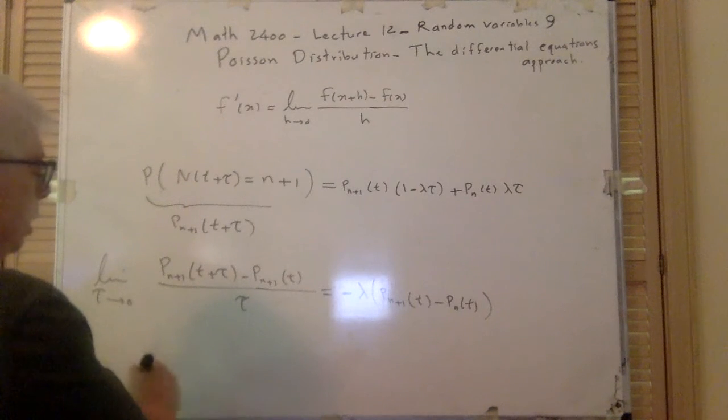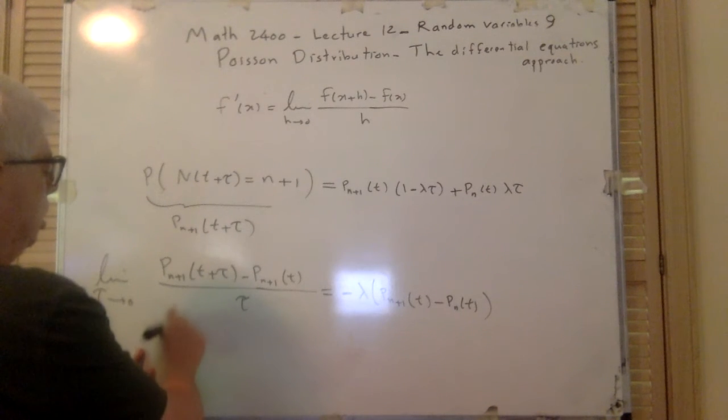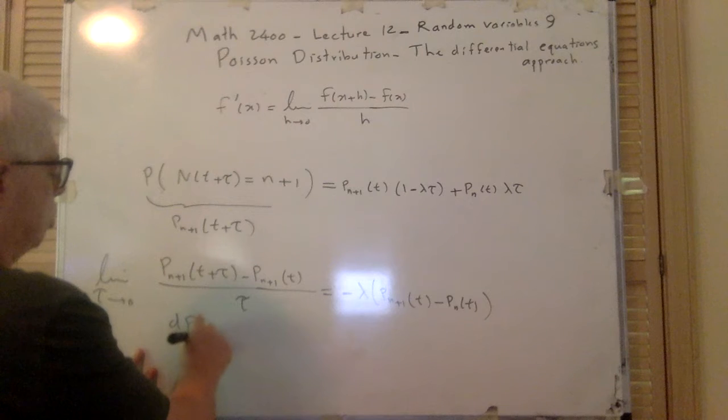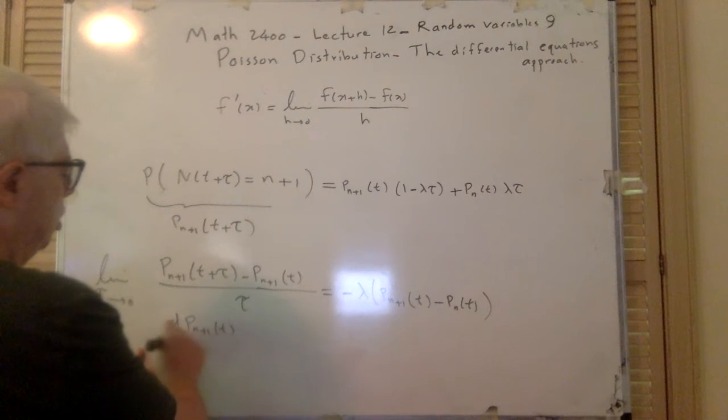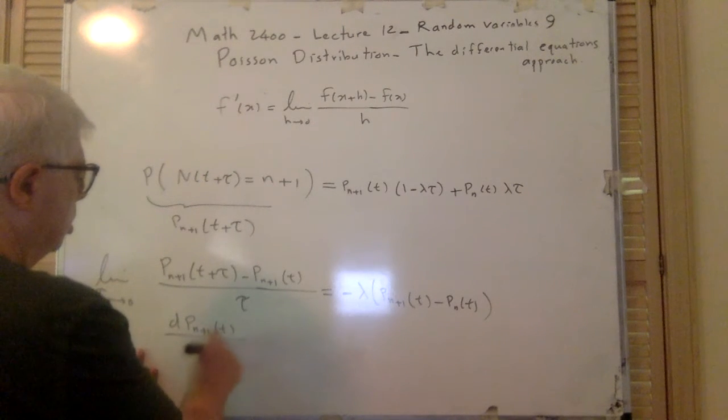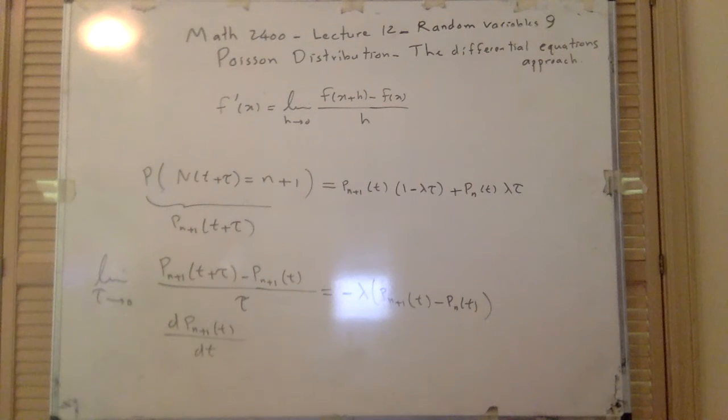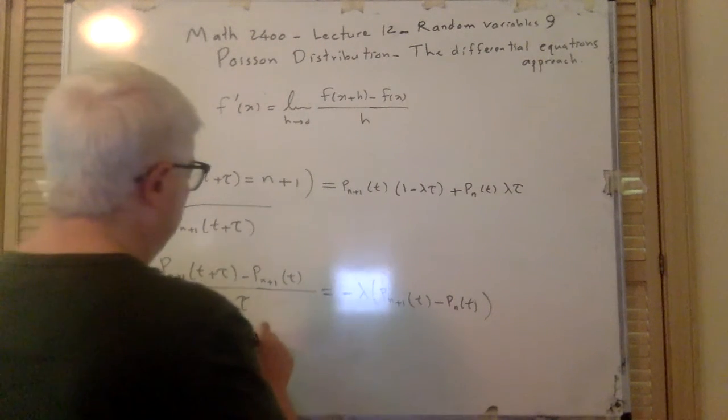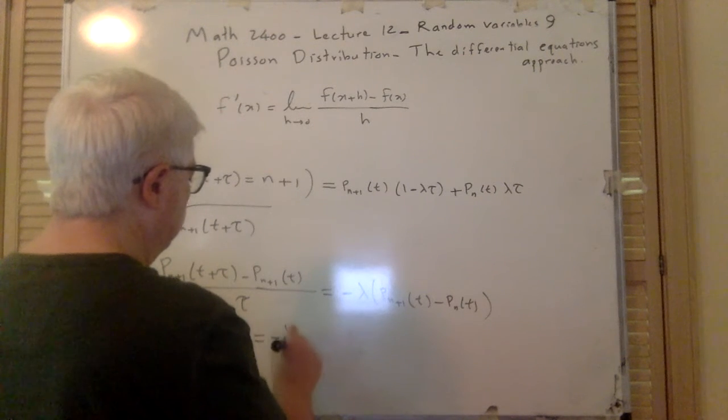But what is this side? This side will be dP_{n+1}(t)/dt. That's the derivative, right?